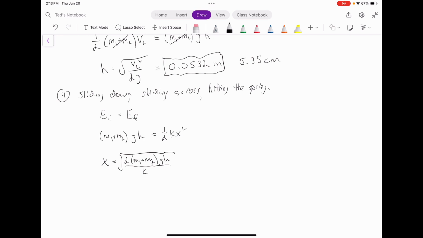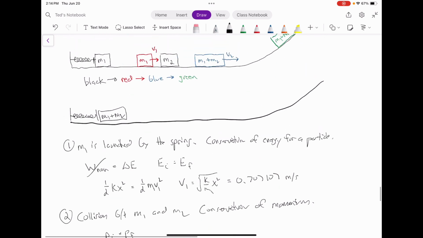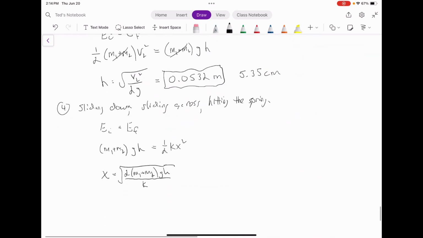So we're going to do the square root of 2 times m1 plus m2, which is 3 kilograms, times 9.81 times the height that I got, 0.0532125, divided by k, which I don't remember. K was 50 newtons per meter.